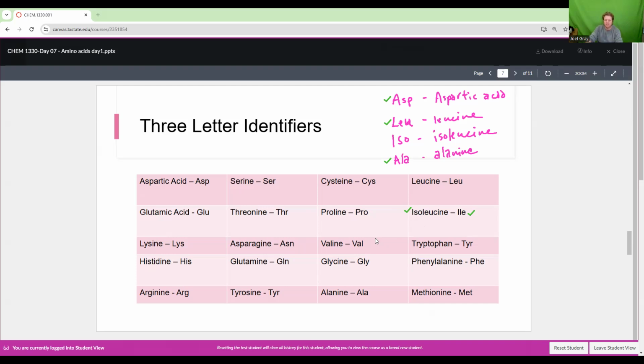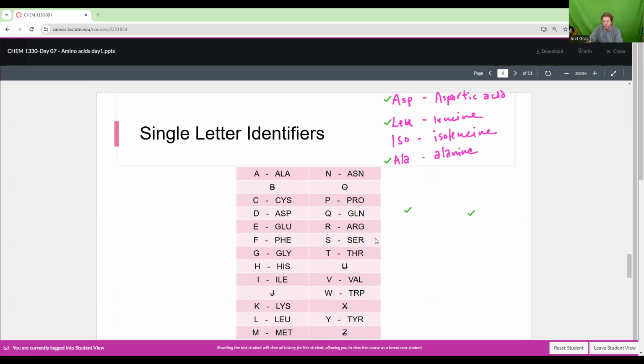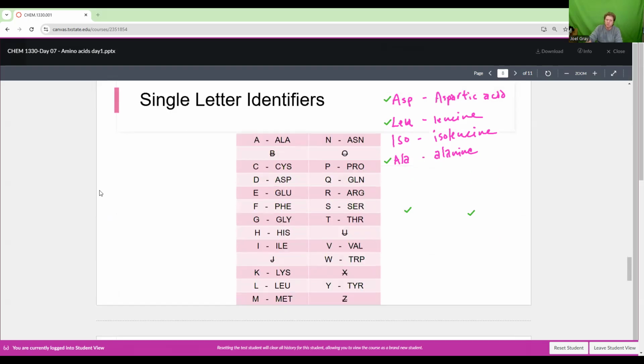In addition to that, there's also single letters. So which one of these? These are the one-letter and three-letter codes combined with one another. So make sure that you're able to separate these two and know which one's right.